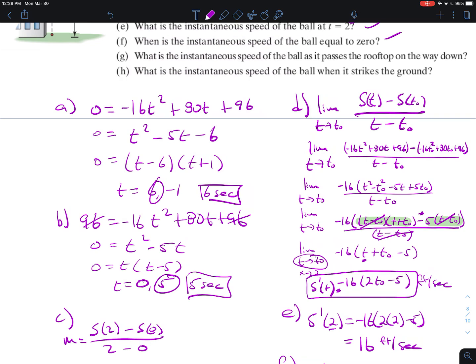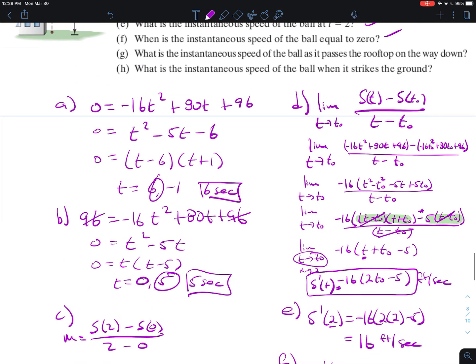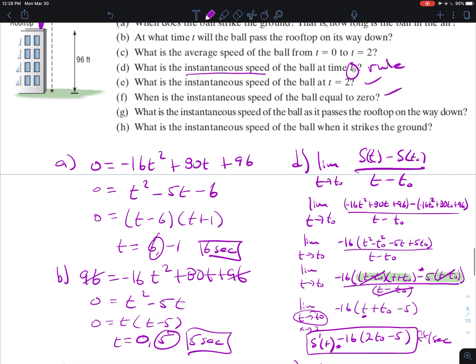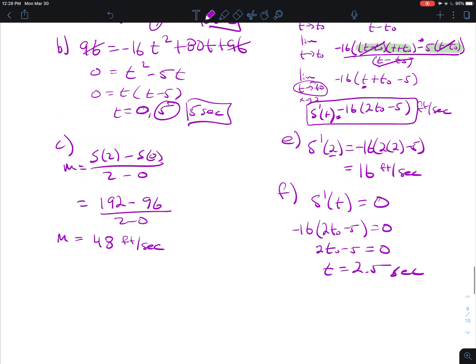What is the instantaneous speed of the ball as it passes the rooftop on the way down? And we know that part G from part B as it passes the rooftop. So in order to solve G, I am going to use what I know from B. So S prime of 5, and the reason I know it's 5 is because that was the answer to B. After 5 seconds is when it was passing the top of the building again.